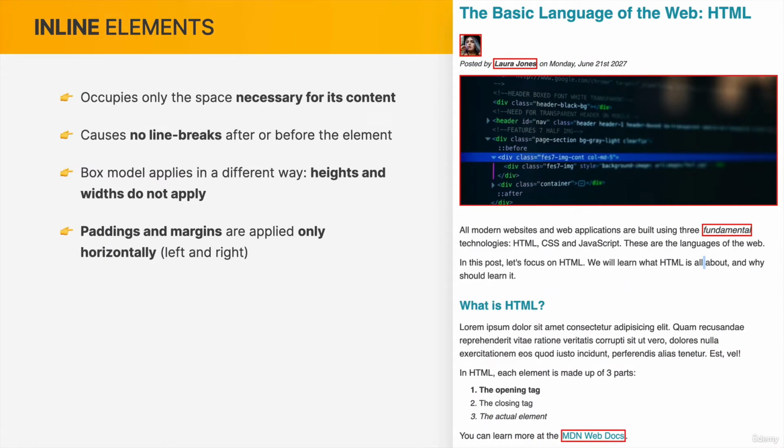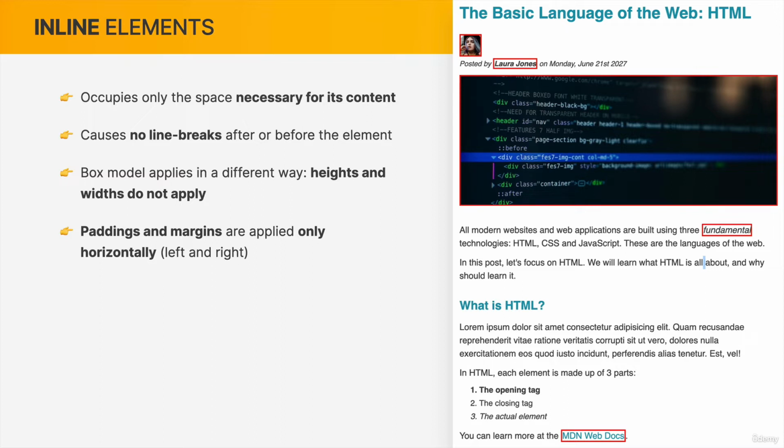So here I marked the inline elements with this red border, and you see that as expected, they only occupy exactly the space that is needed for its content. They also don't create any line breaks after or before the element, and so therefore they can simply stay inside of their parent elements without creating any additional space.